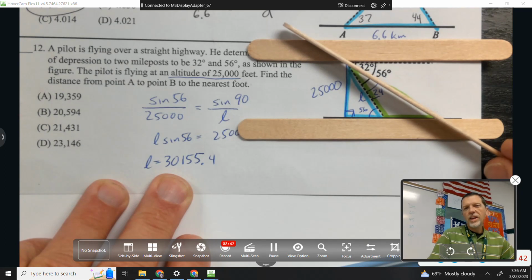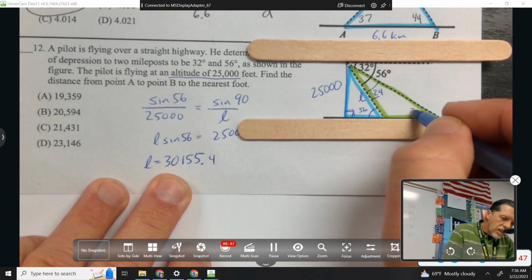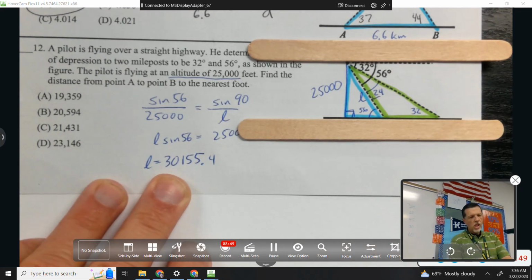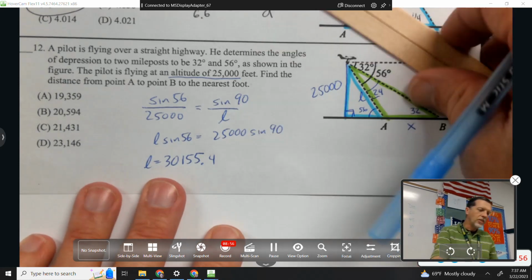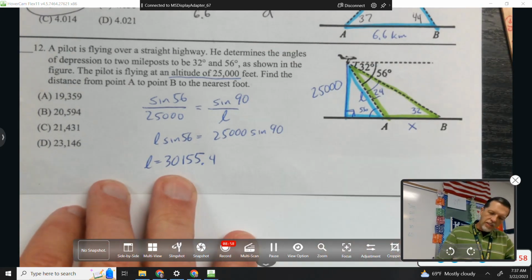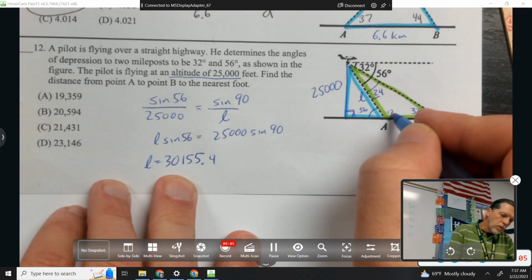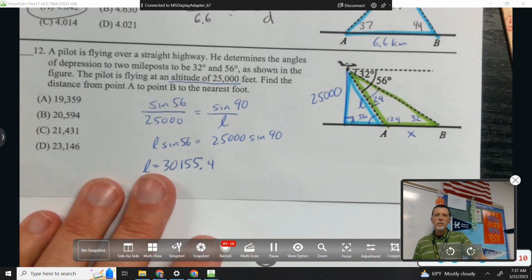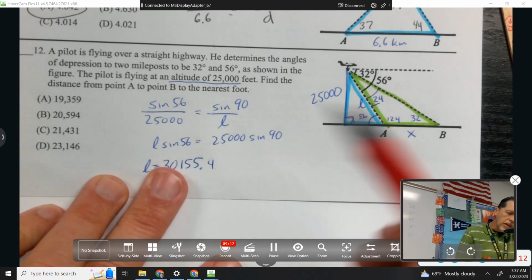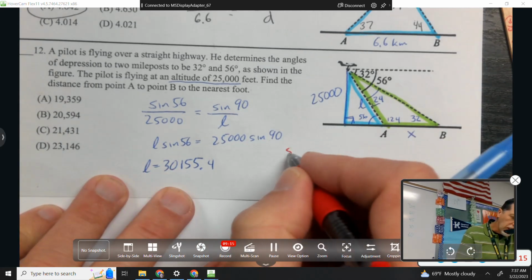So that small angle down there is going to be 32. By the way, there's another way to get to that 32. 180 minus 56. 180 minus 56 is 124. And then you could add all those up and it should be 180. But what I really need is the 32. Because the 32 is across from the L.